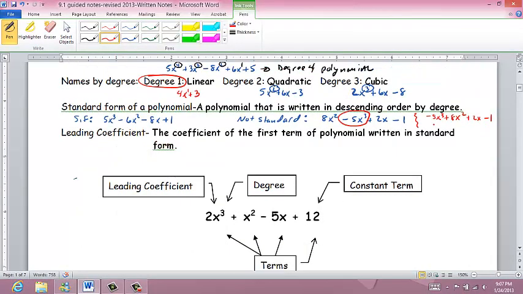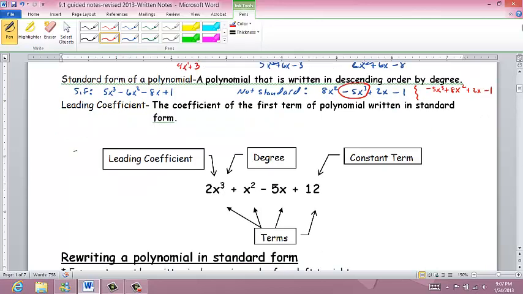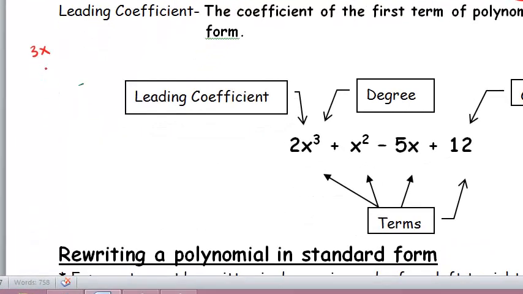Now, if you look at the example of the polynomial we have below, 2x to the third plus x squared minus 5x plus 12, let's talk about everything that we have here. First, leading coefficient. If you go back to the beginning of Algebra 1, we talked about coefficients. Any term I have, say 3x, has a coefficient. The coefficient is the number in front of the variable expression.